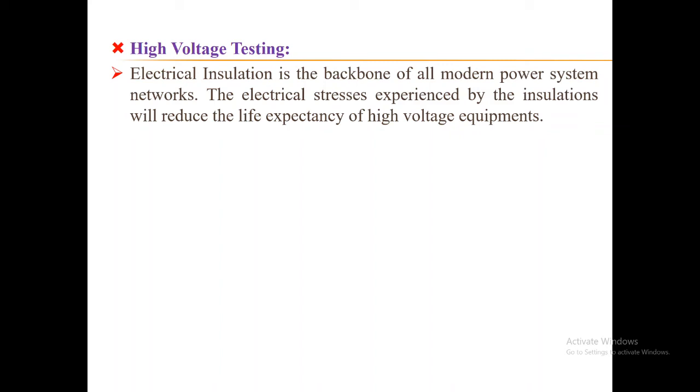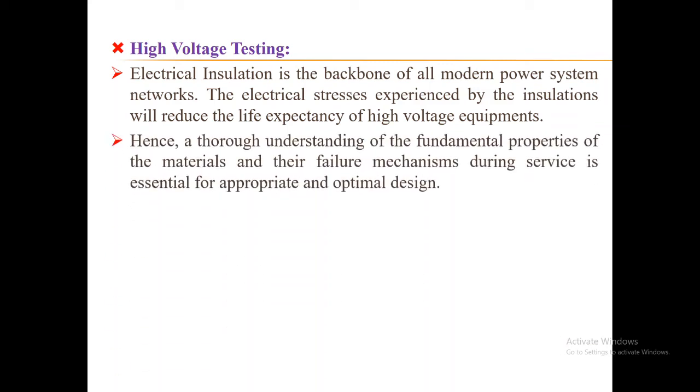Electrical stresses normally affect the insulation's properties, and as time goes on, its life expectancy gets reduced. Generally the electrical stresses experienced by insulation effectively reduce its life expectancy over a longer time of its operation.